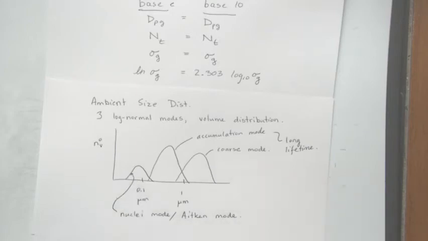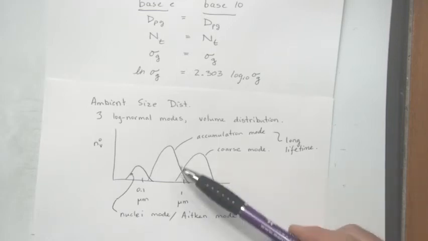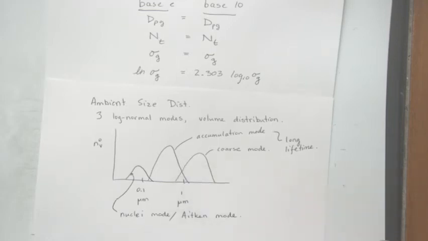Nuclei mode particles have a short atmospheric lifetime. They're removed through coagulation. They will bump into larger particles, stick, and be lost. So they grow the larger particles. A lot of collisions between nuclei and accumulation mode particles lead to just slightly bigger accumulation mode particles.